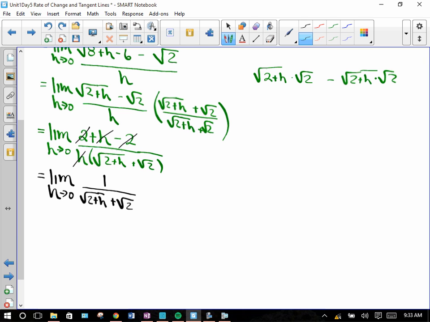Okay? Now, I can just plug 0 in here. Plug 0 in for h, I'm left with, so this limit would be equal to 1 over square root of 2 plus square root of 2, which is equal to 1 over 2 square roots of 2.